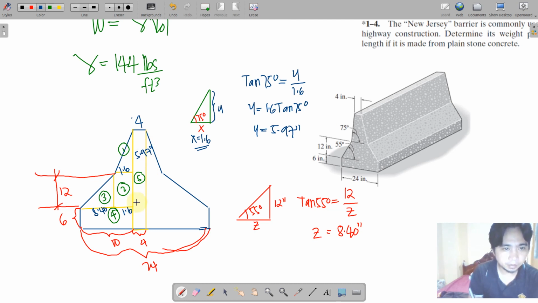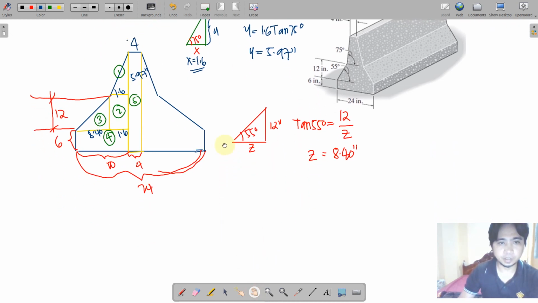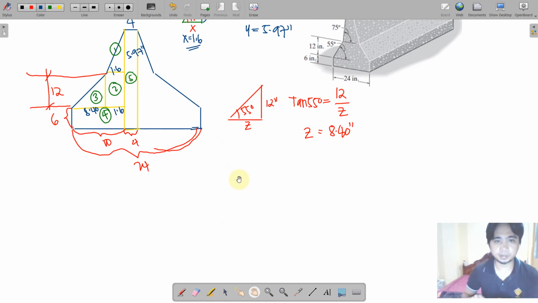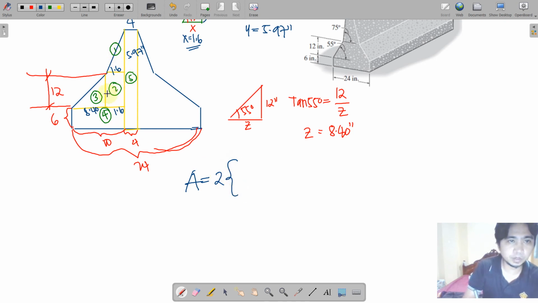Okay. Do we have a complete dimension now? Of course, we have. Then, we will now proceed to the calculation of the area. Okay. For the calculation of the area is equal to what? 2 y2, because we're going to multiply those four areas.